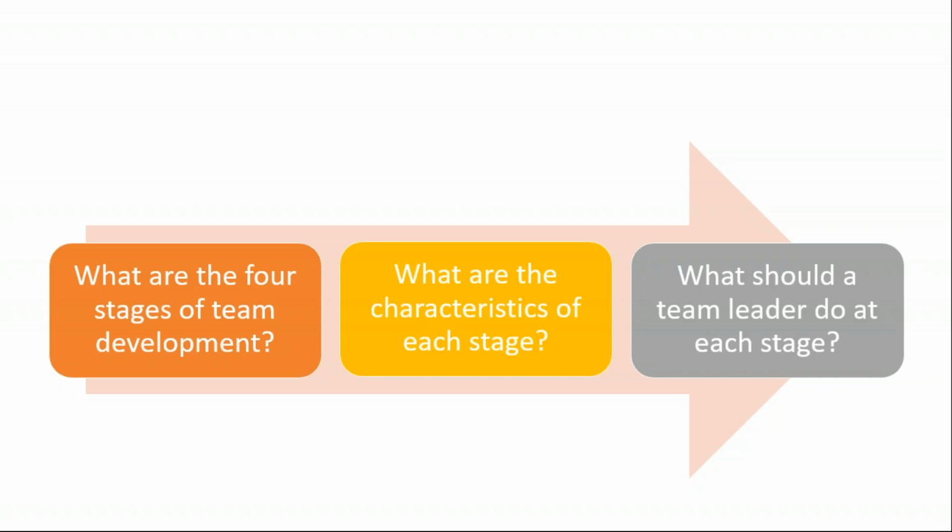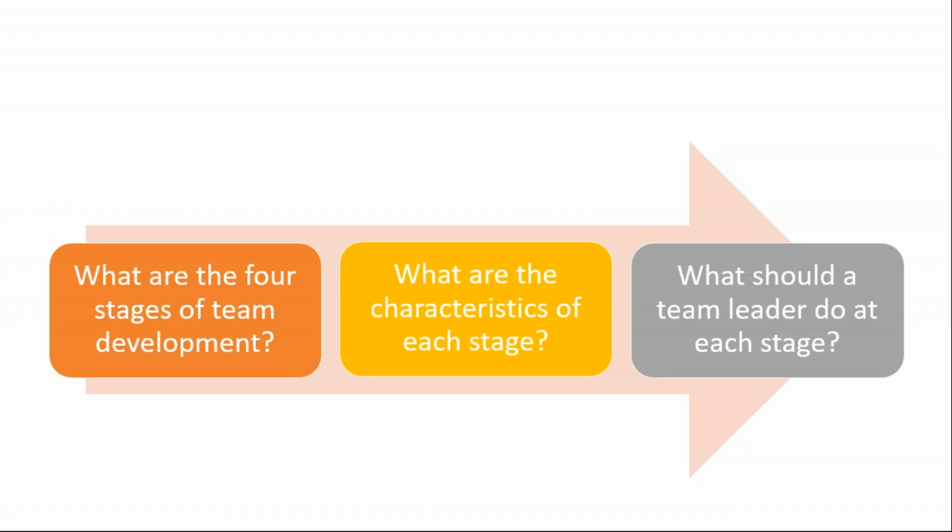And equally, if you've got a new team, it might be important for you to think about how you might mature that team, thinking about these 4 stages. The second thing I'll talk about is the characteristics of each stage, and how do you know what stage your team's in? So what are the characteristics that demonstrate that?